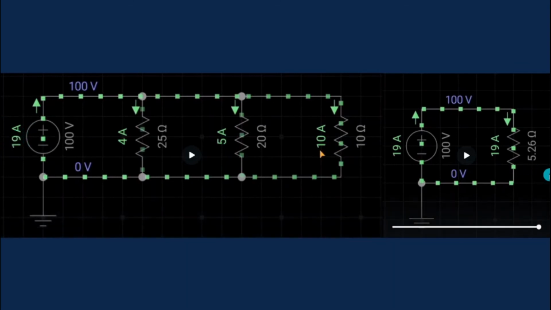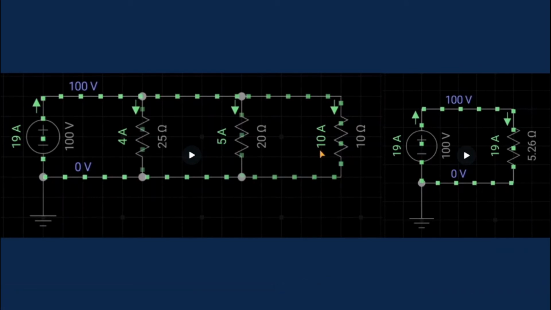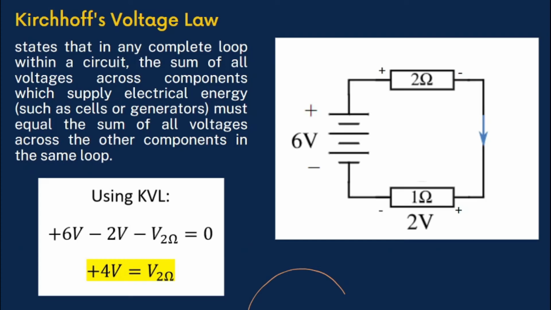Or the other way is to solve for the total resistance. Then after that, 100 divided by the total resistance, that would be the total current. Pwede din ganun. So that is for KCL, for Kirchhoff's current law. The current entering a node is equal to the current leaving the node.